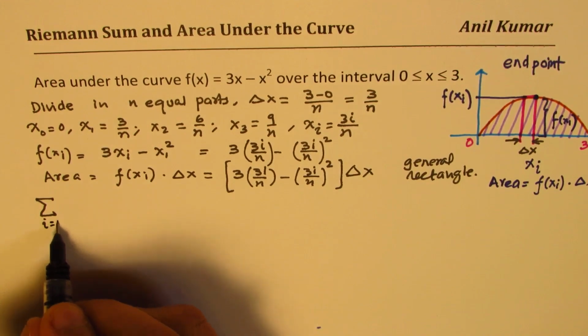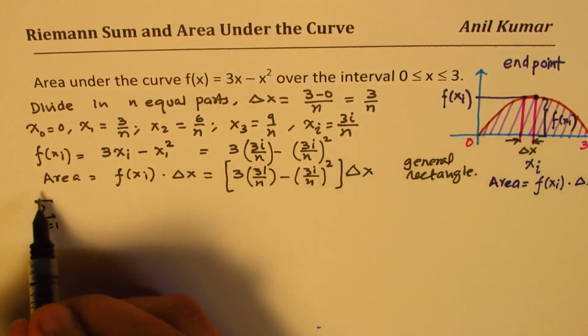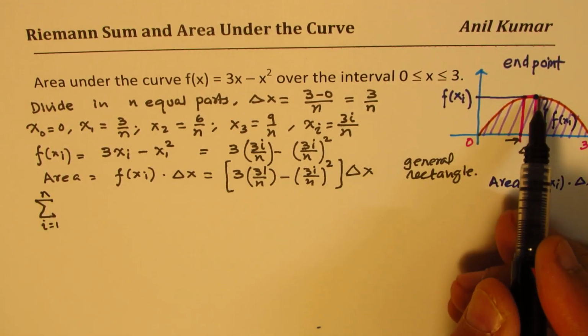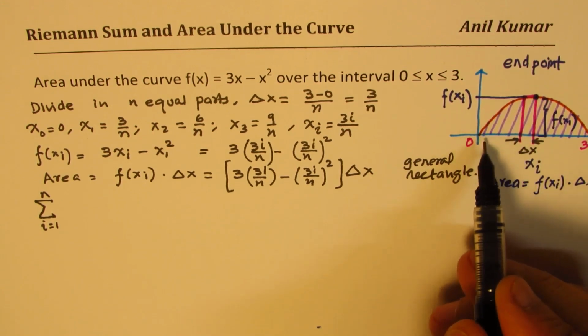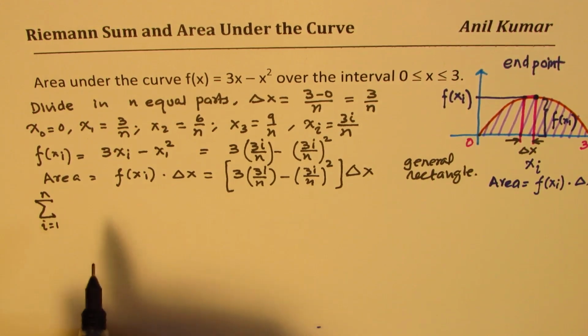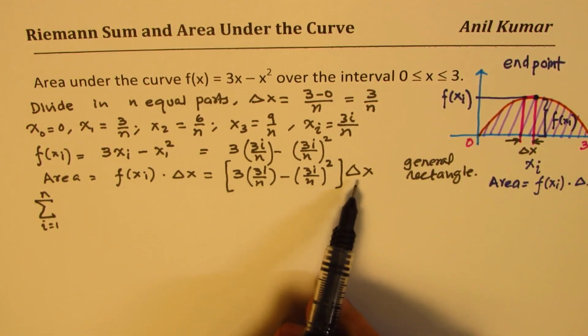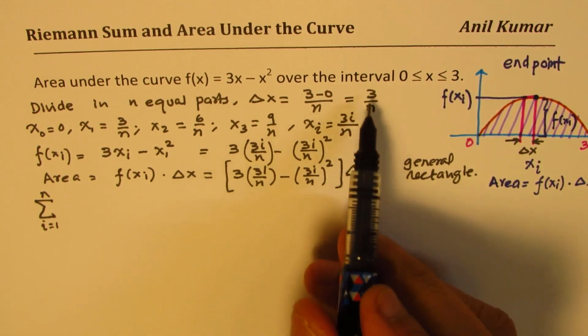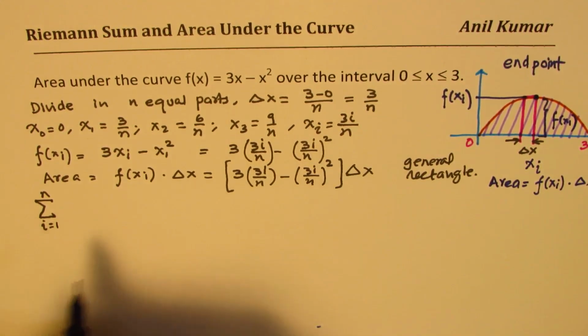How many of them? i values varying from 1 to n. We are taking the end points, right? So the first rectangle x1, then up to xn, of the function times delta x. And that is our function, right? Where delta x I should have written as 3 over n, but now I'm going to write it.